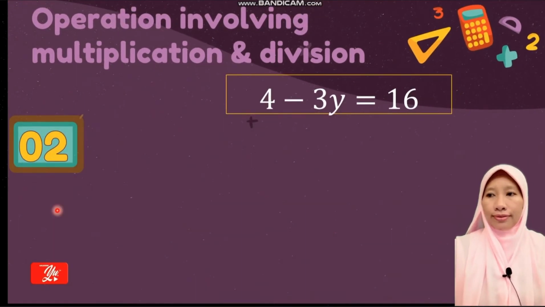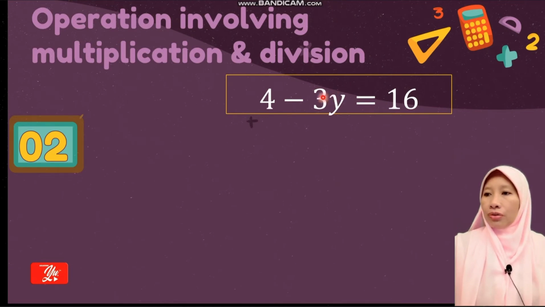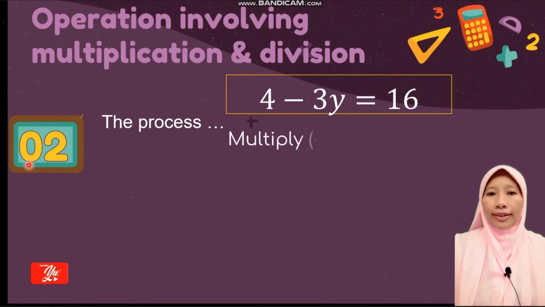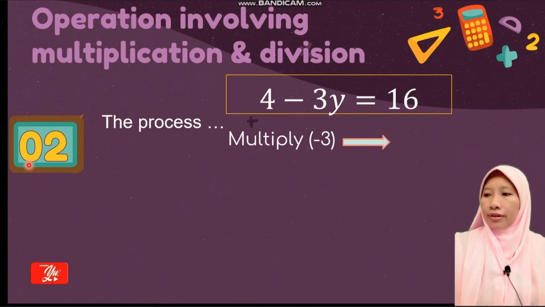Question number 2. We have 4 minus 3y equals 16. Focus on the variable first. Here we have y multiply negative 3, so consider the symbol in front. Y multiply negative 3 followed by addition of 4 equals 16.